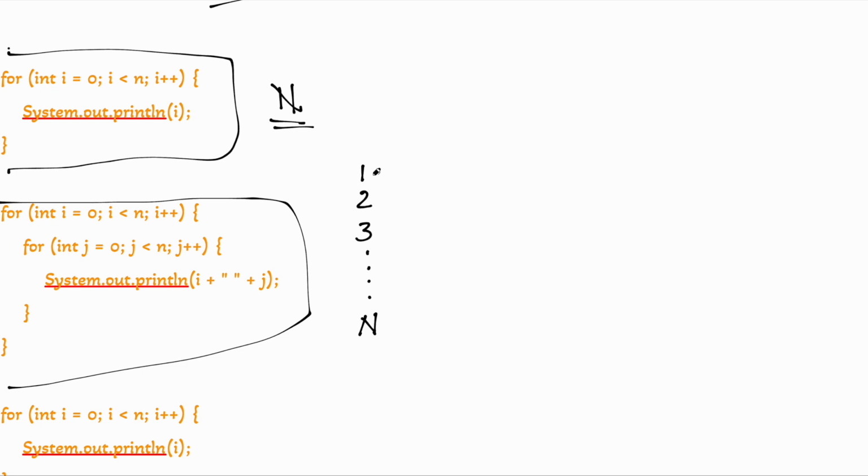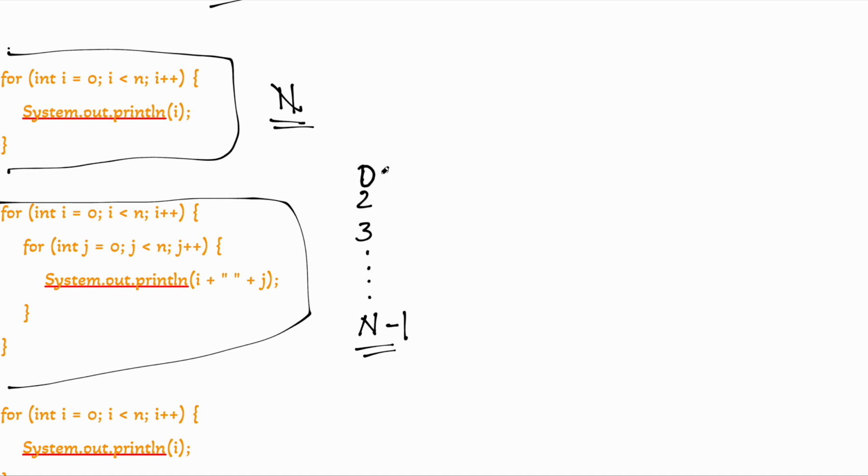And for each number, we are again iterating from 0 to n minus 1 and then processing something.